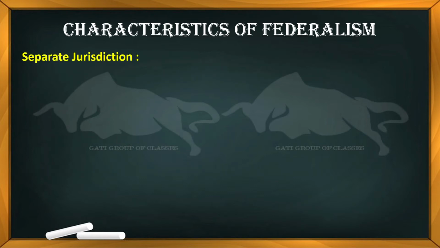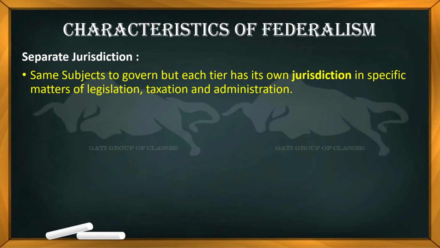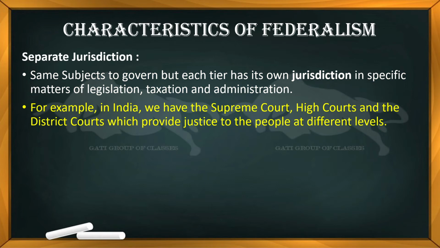The next point is separate jurisdiction. Obviously every person, every sector and every organ has its own jurisdiction. Each tier has its own jurisdiction in specific matters of legislation, taxation and administration. We can say the same of the judiciary and the executive; everyone has their own powers. For example, in India we have the Supreme Court, High Courts and district courts, which provide justice to the people at different levels.